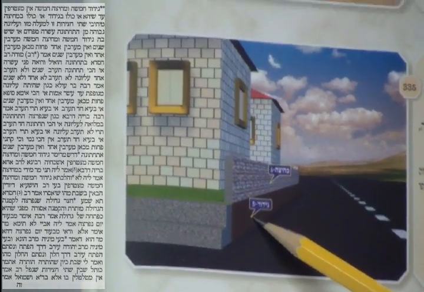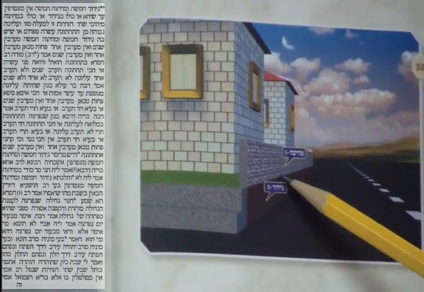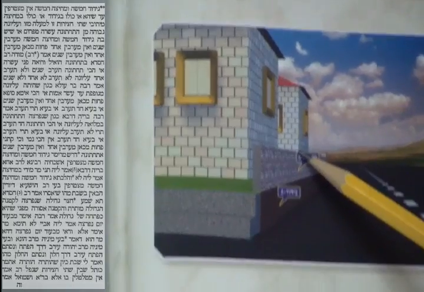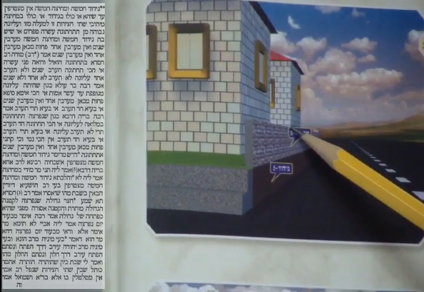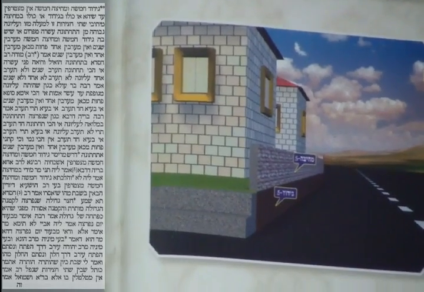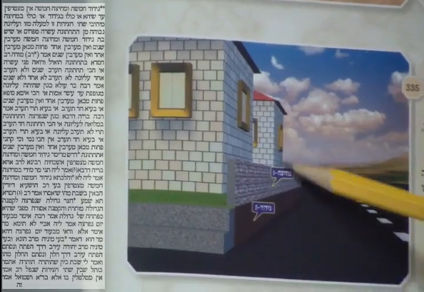So if the height disparity between two surfaces is 5 handbreadth, and an additional partition of 5 handbreadth, basically you cannot join them together to form a partition of 10 handbreadth.